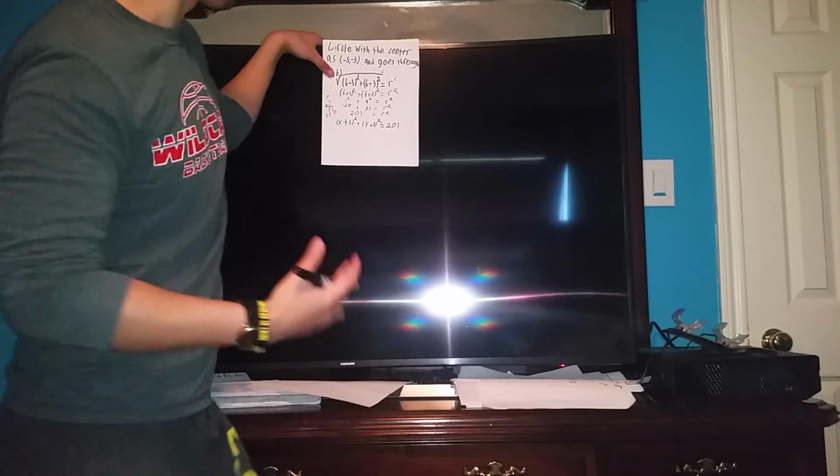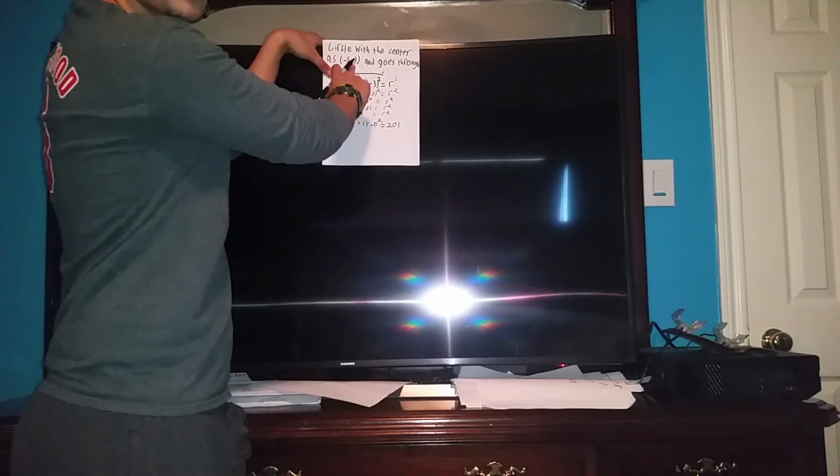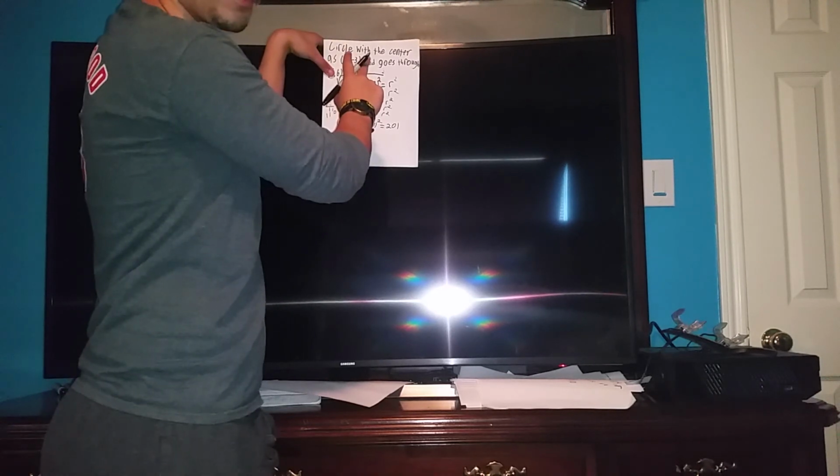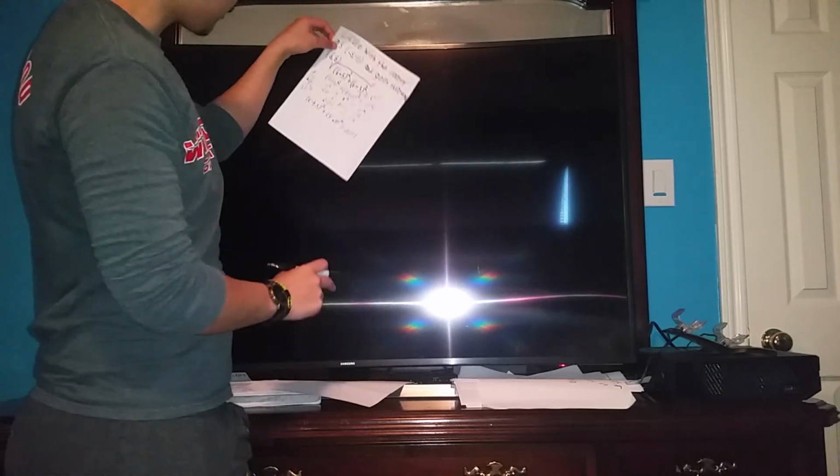It's as simple as that. Once you figure out what r squared is, you just insert the points that are on the circle, and there is your final equation.